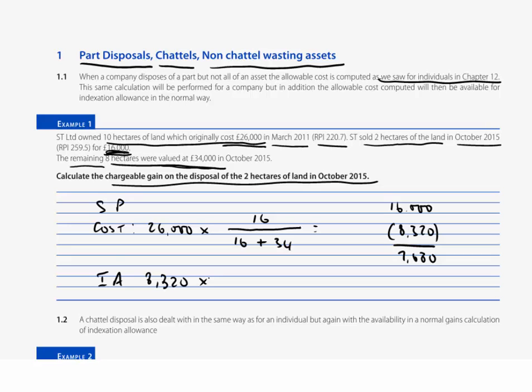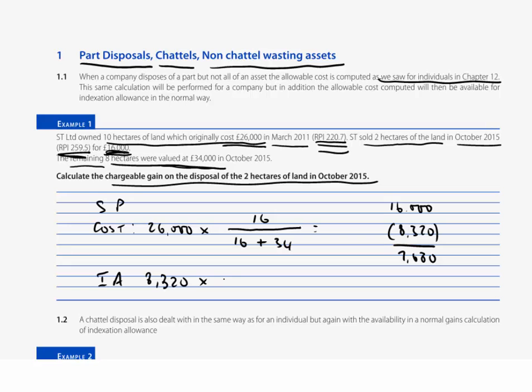How do we work the indexation factor? Pick up the RPI for the month of disposal, 259.5, minus the RPI for the month of acquisition, 220.7, over the RPI for the month of acquisition, 220.7, and express to a 3 decimal place indexation factor.